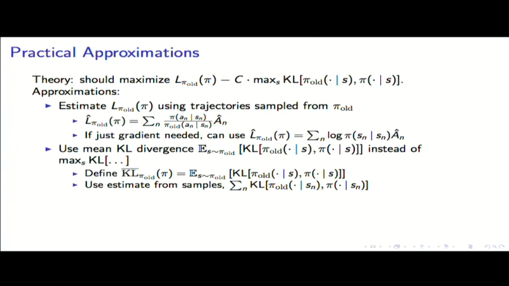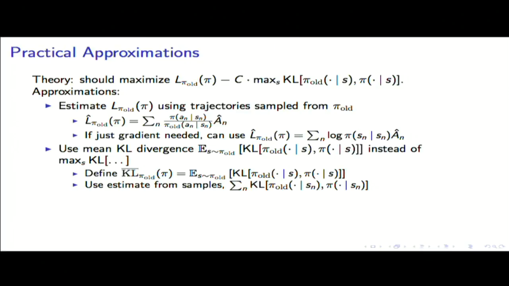Okay, so what does that mean? We're going to introduce a little more notation. We have this KL bar with pi old in the subscript. That means we're going to sample states from pi old, and then take the expectation over this state distribution of the KL divergence between the old policy and the new policy.